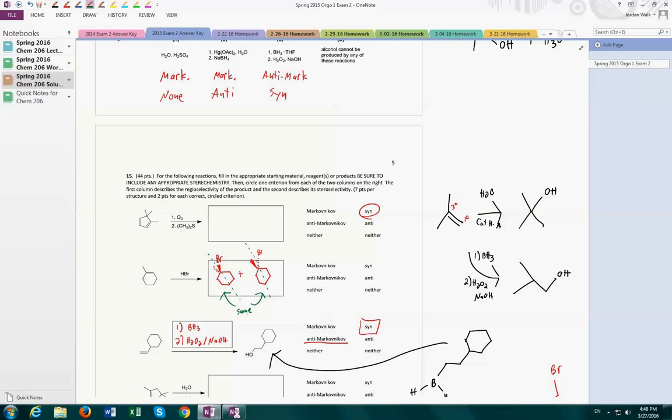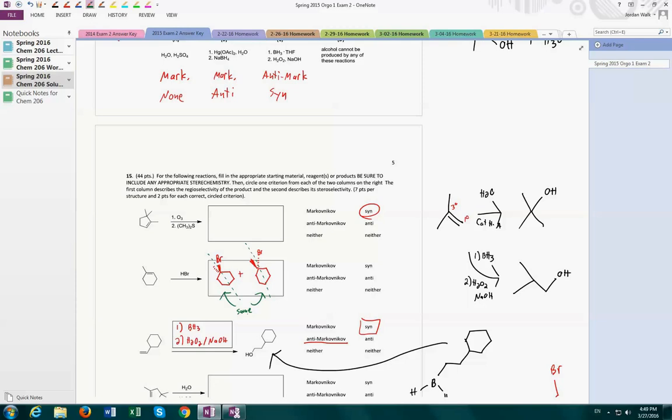Will they both be on the same side, or anti? It doesn't matter, because we won't end up with stereochemistry there. There's no way to assign stereochemistry to a carbonyl group with the C=O bond. So no matter how you draw that, you're drawing the same thing.